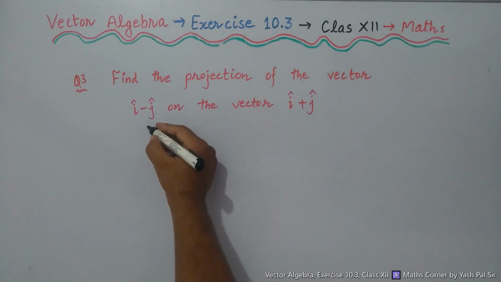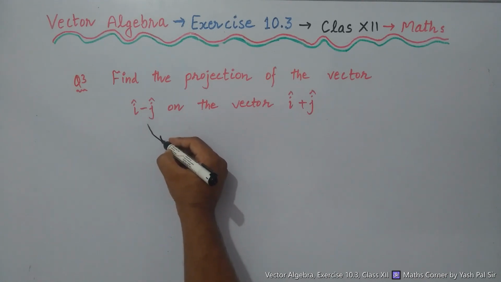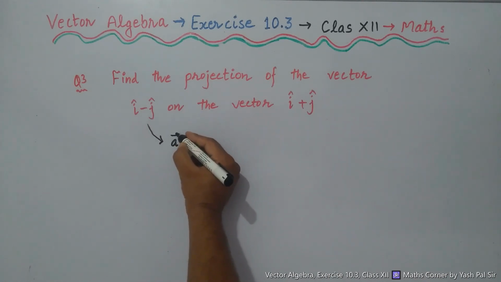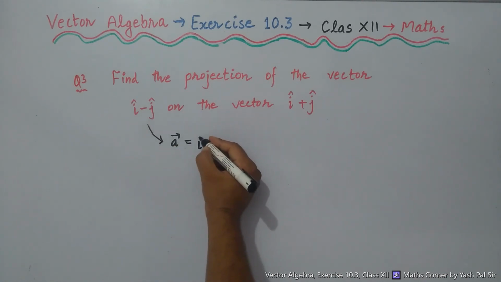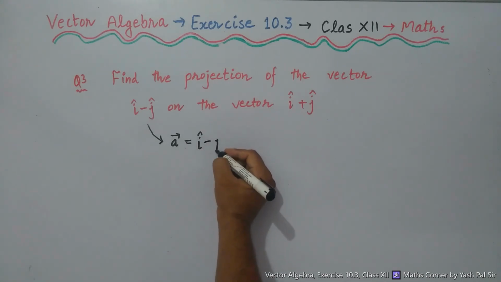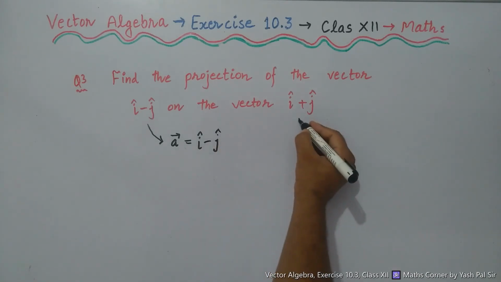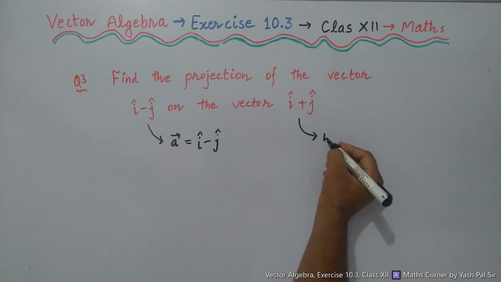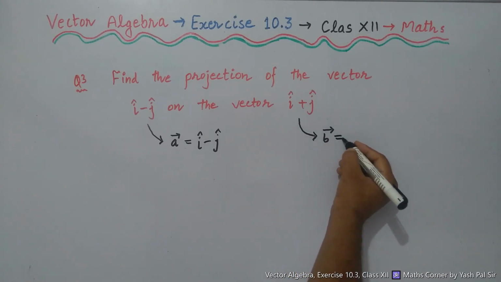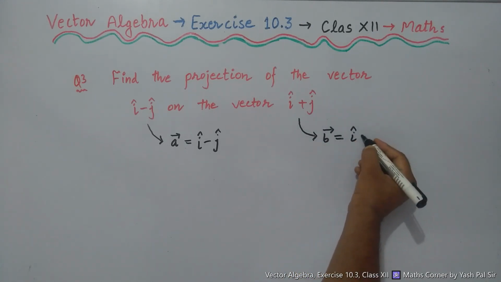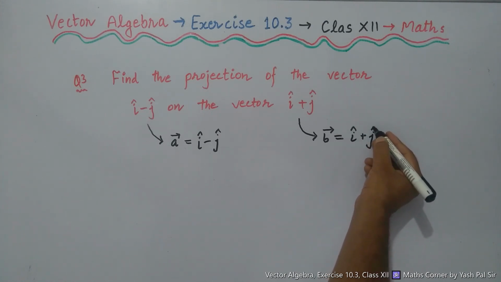So here we consider the first vector to be equal to A. Vector A is equal to i minus j, and we consider the second vector to be equal to B. So vector B is equal to i plus j.